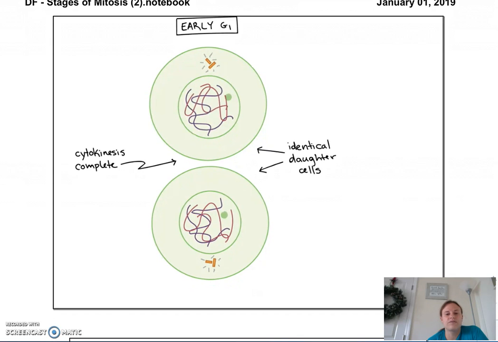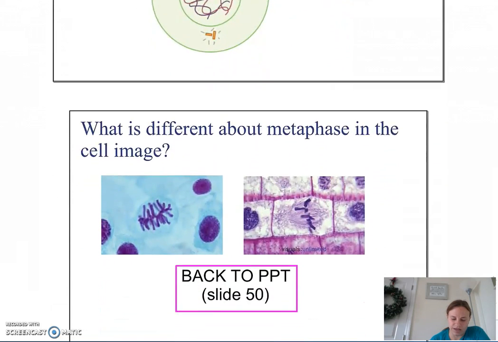Then, once cytokinesis is over, we've got our identical daughter cells. Our chromosomes are fully decondensed, and we are now back in early G1, or early gap 1, of interphase.